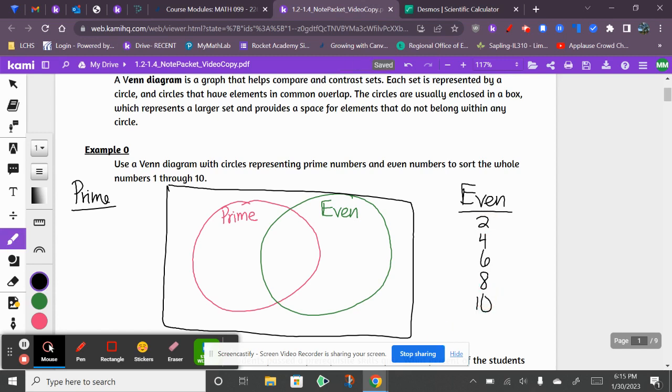Prime numbers, you may be wondering again what the definition is, and it is any number that is only divisible by 1 and itself.